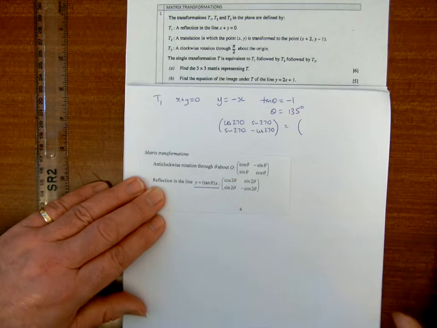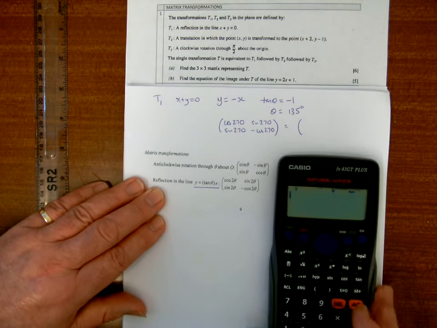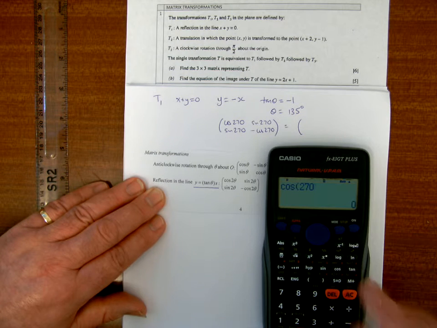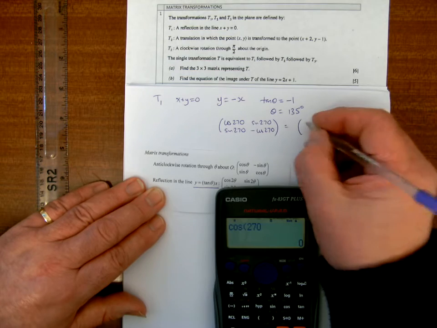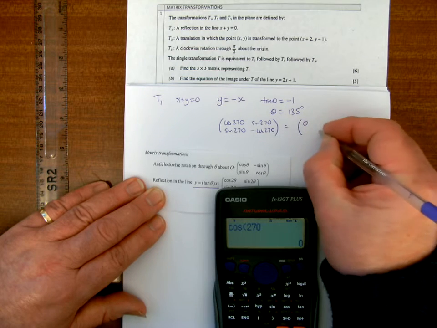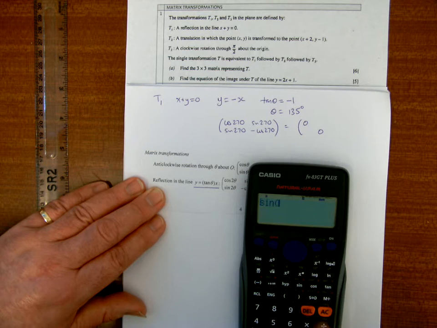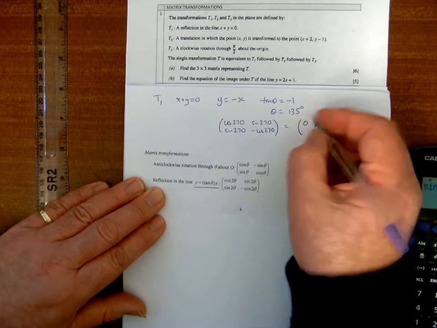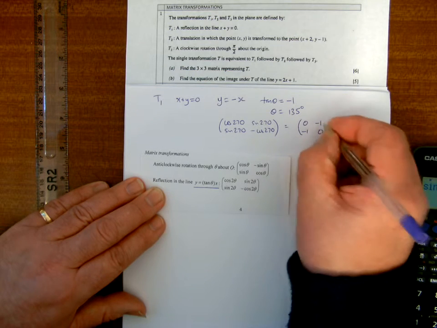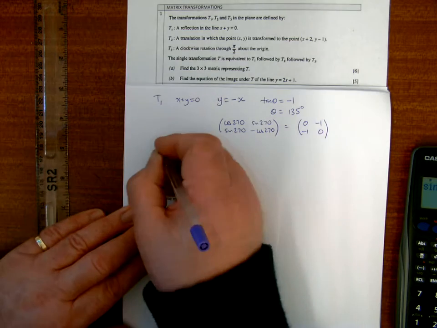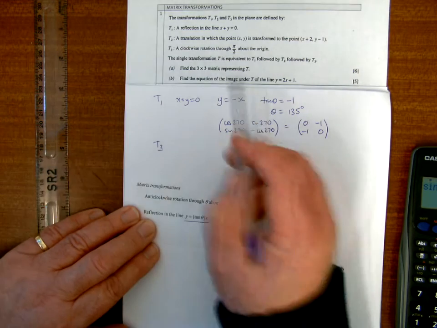And the cos of 270, you should know it looking at the graph, but just to make sure, cos of 270 is 0, so that value is 0, and the negative cos 270 is 0. Sine 270, again, you should know it from the graph, but sine 270 is minus 1. So that's matrix T1.